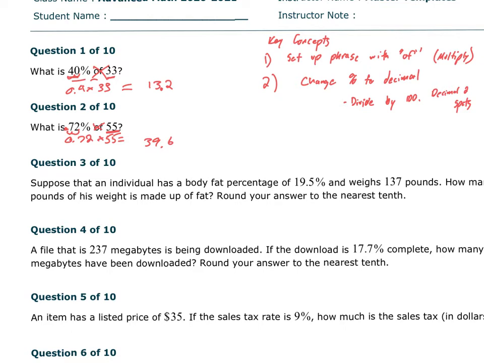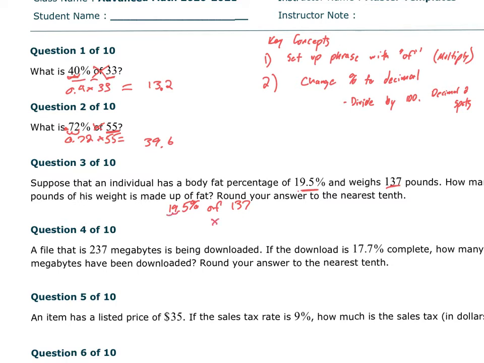Okay, next question. Suppose an individual has a body fat percentage of 19.5%, pretty typical, and weighs 137 pounds. How many pounds of his weight is made up of fat? Round your answer to the nearest tenth. So 19.5% of his total weight, 137, is fat. Again, we are going to change the of to multiplication.